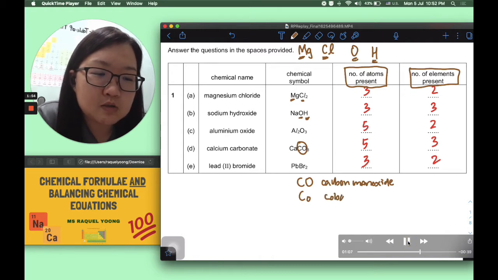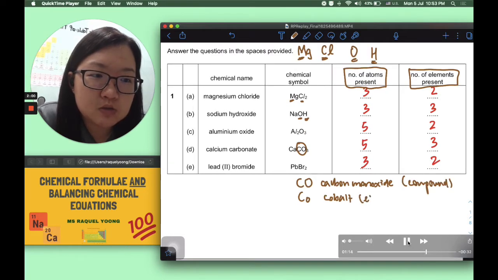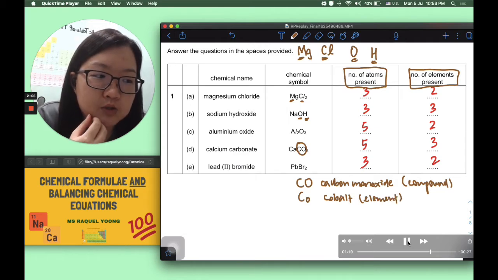Whereas if you write it as capital C, small o, that would be an element, which is cobalt. So these two are vastly different. Yeah, so please take note of that.